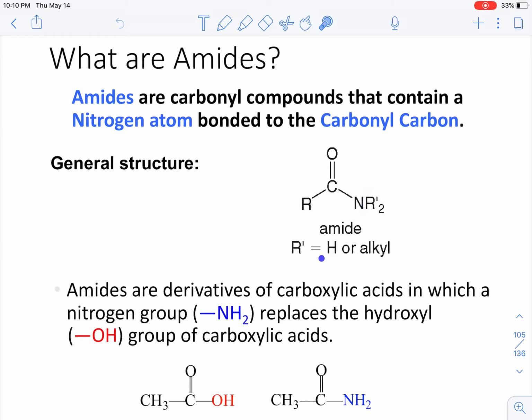The identity of these R groups can either be a hydrogen or an alkyl group or an alkyl chain. Depending on whether the R group is a hydrogen or an alkyl chain, it will dictate whether this amide is considered a primary amide, a secondary amide, or a tertiary amide.